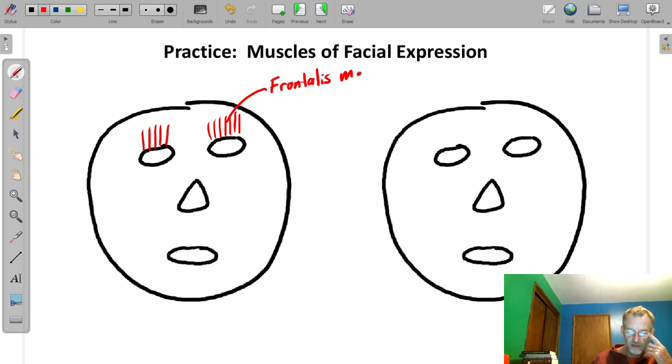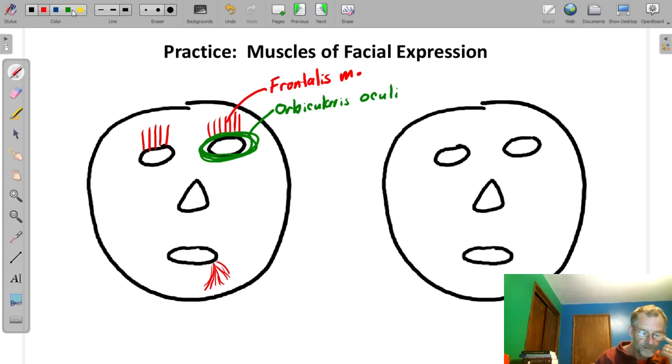And then you could do the orbicularis oculi. Done. Good enough. Right? So what would you call this muscle? Something like that.